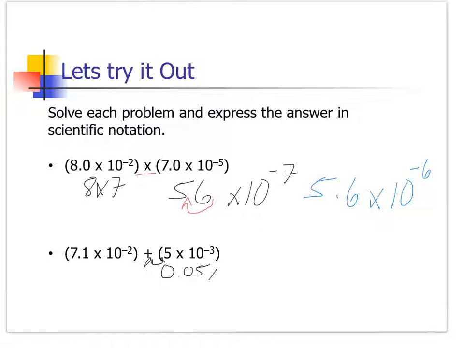And so we go times 10 to the negative 2. And if I check myself, 1, 2, well, that's where it would be. And so we can add them together.